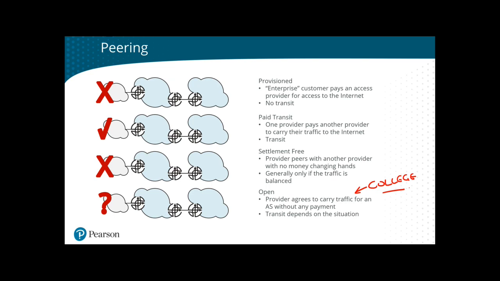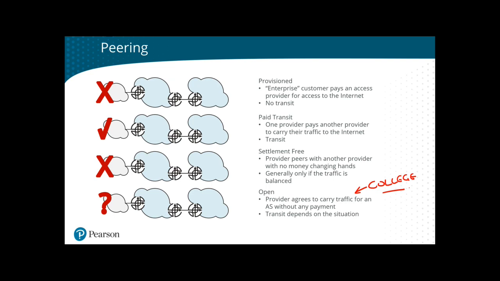Now, we'll talk about another situation later when we talk about centralization of the internet, where open peering is where somebody like LinkedIn or Microsoft or Google will go to an access provider like Comcast or ATMC or whatever, and they will say, we want to put a router and drop a link into your point of presence or your central office in a given region.